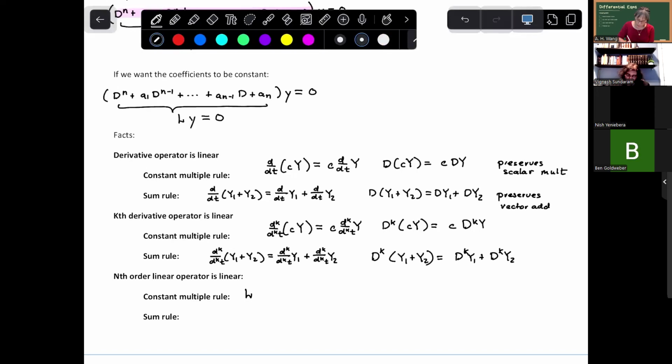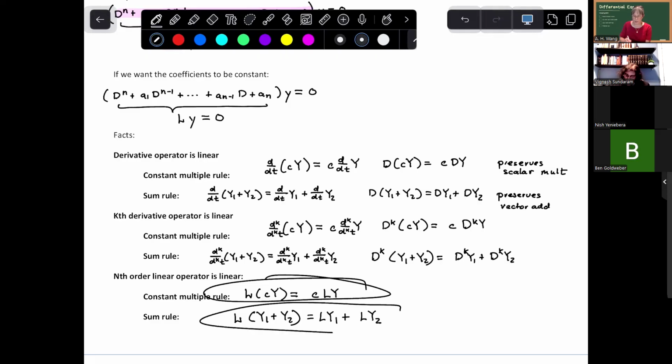It will also preserve scalar multiplication. So you scale and then operate, or you operate and then scale, or you can add the functions and then operate, or first operate them separately and then add it. Okay, so it preserves scalar multiplication and preserves addition.